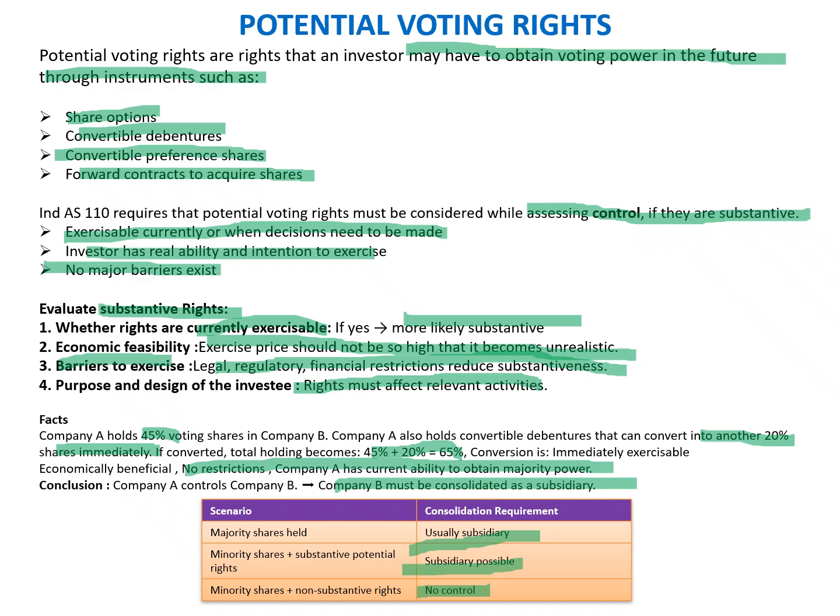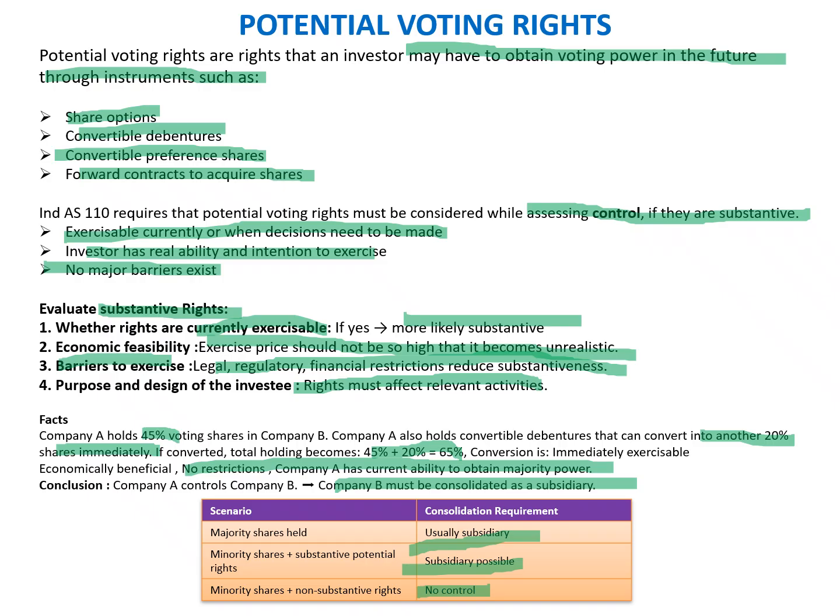If minority shareholders have potential voting rights that can be easily exercised, then definitely it has the control over the entity and can report it as a subsidiary. If it is a minority shareholder that does not have control, and has no substantive rights, then it will not be reported as a subsidiary. It is normally treated as an investment in associates.